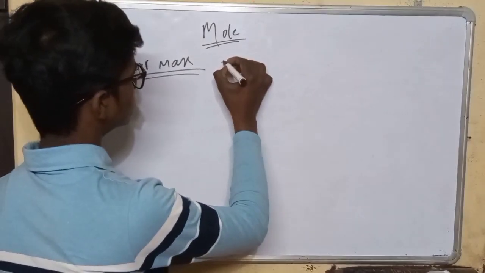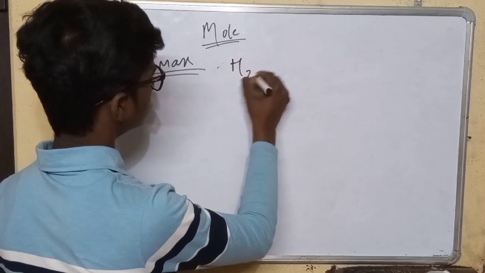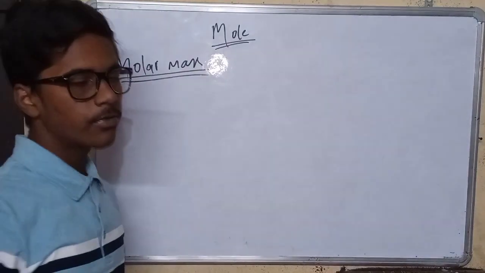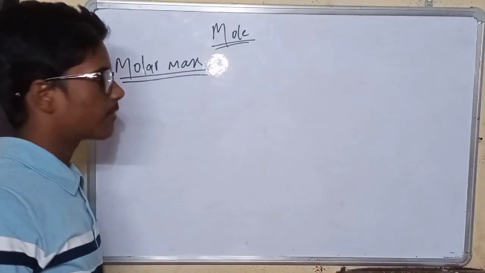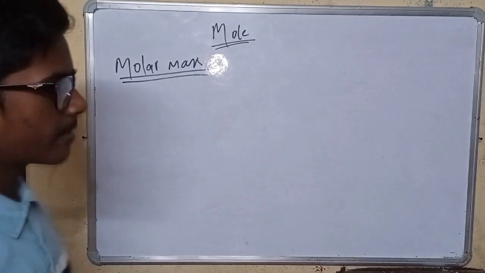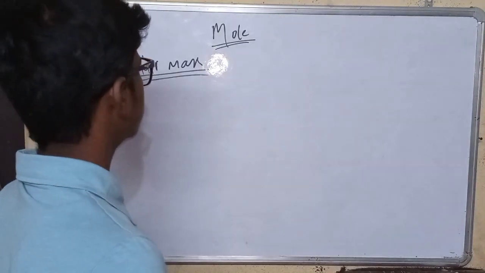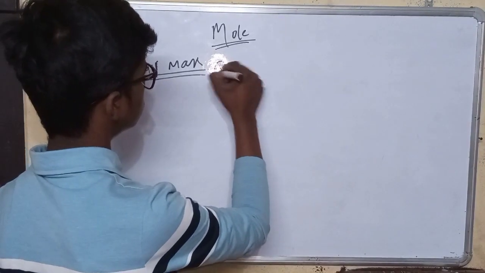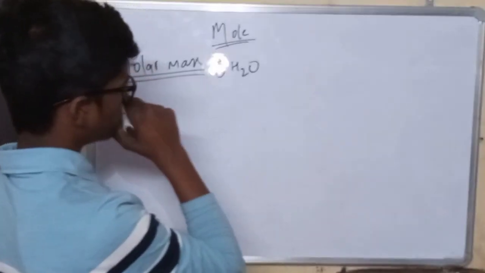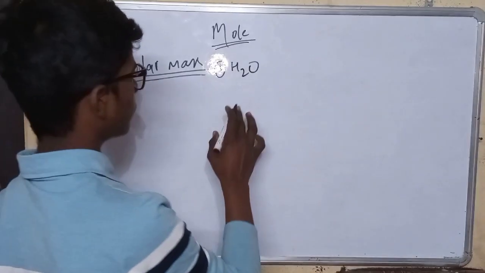If I take a simple example, H2O. To understand molar mass, we take a generally easy example, that is H2O. Now we write its molecular mass.